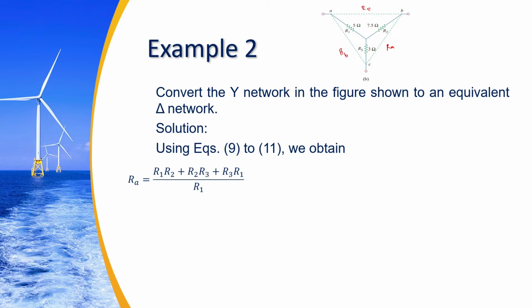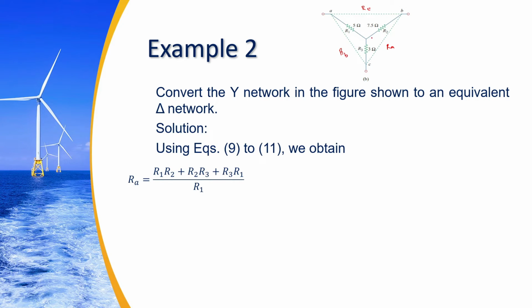Okay? Sa numerator, pare-pareho yun, sum ng bawat product. Product nitong R1, R2, product ng R2, R3, product ng R3, R1. Sa denominator lang tayo magkakatalo. Kung ang kinukuha natin is RA, ano yung katapat niyang Y resistor?